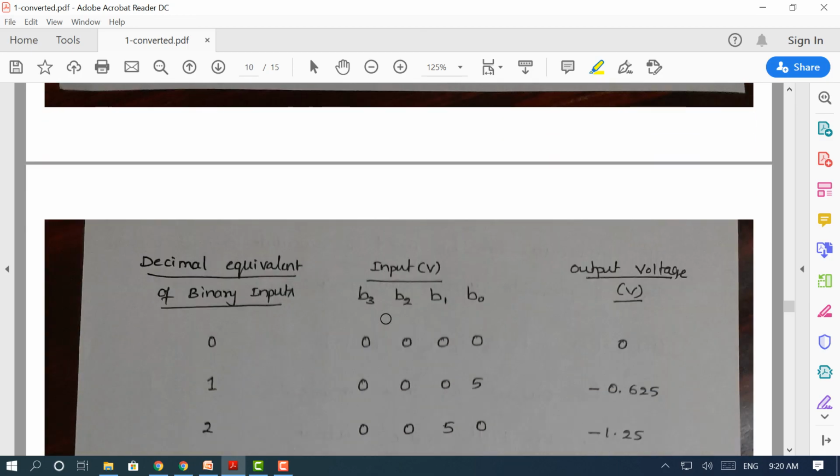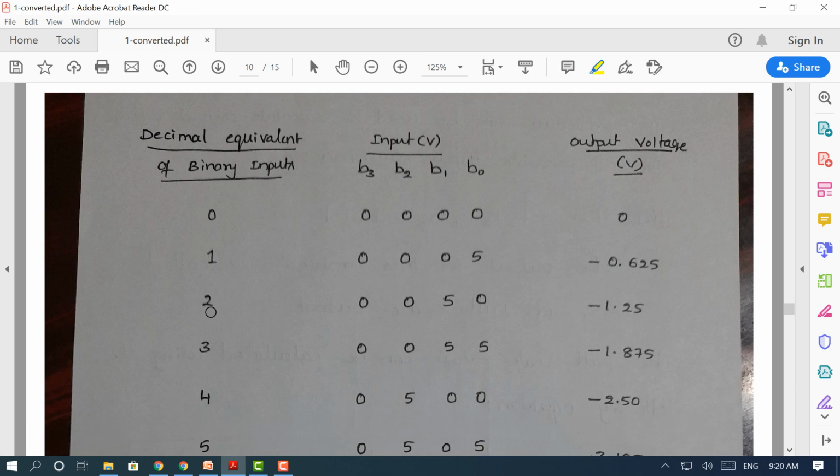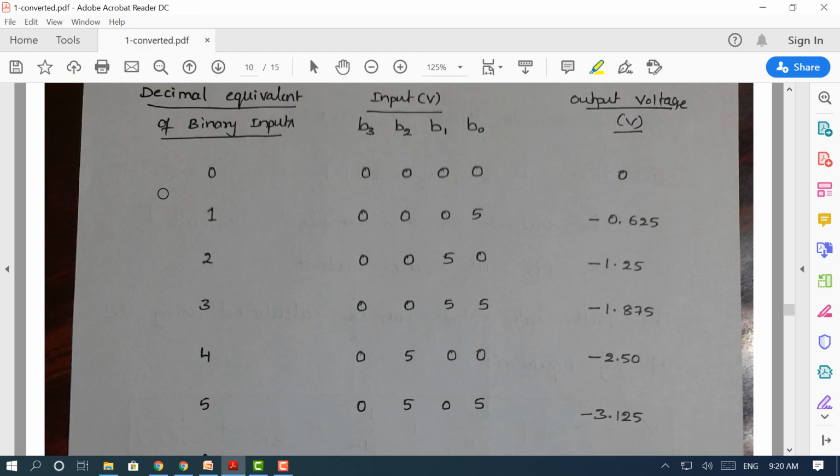Okay. So now we will show the table for all the combinations of binary data. So we are showing here the analog output voltage. The same equation we just used can be used here once again to calculate the analog output voltage. So this table gives you the analog voltage for the different digital input combinations.